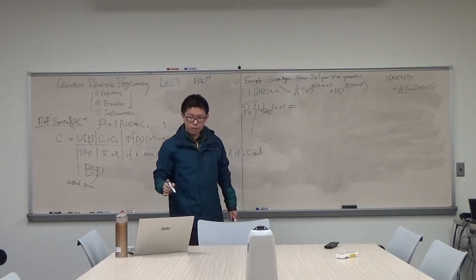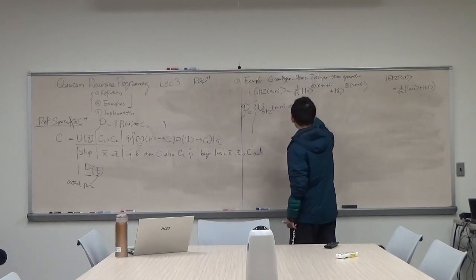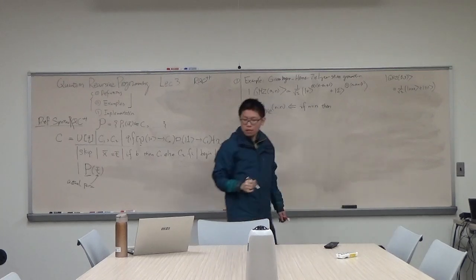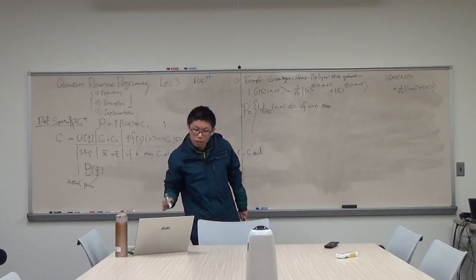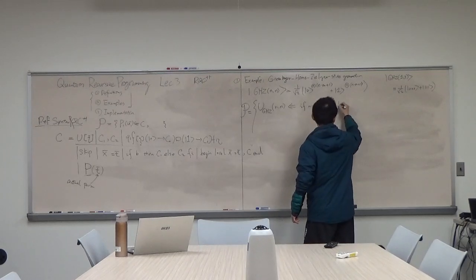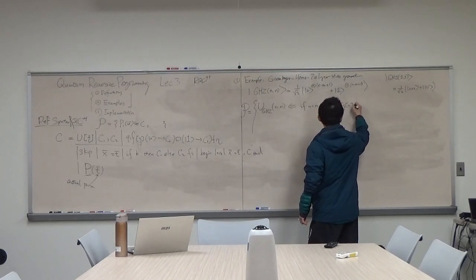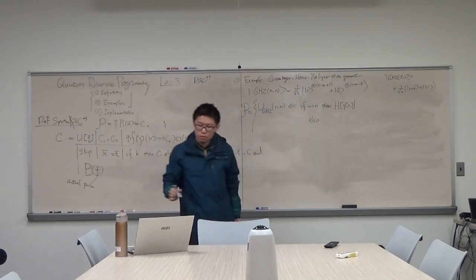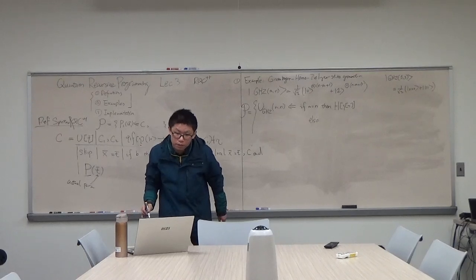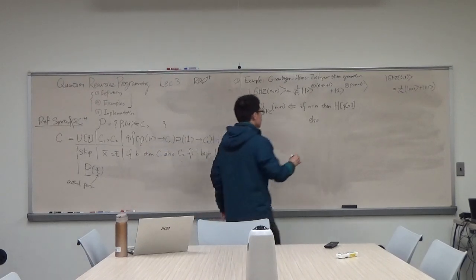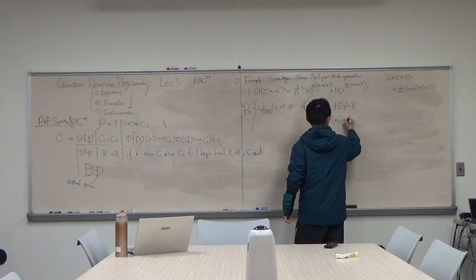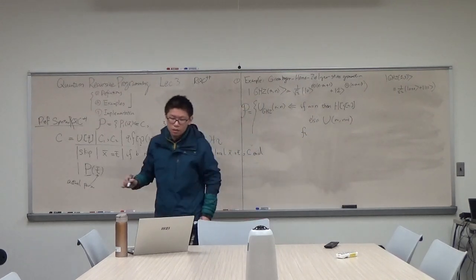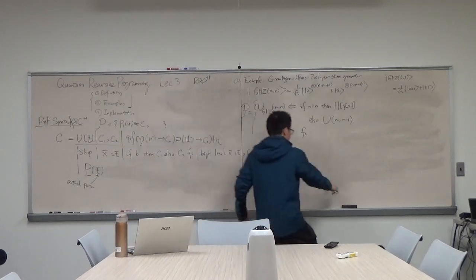You define it to be: if m equals n, then you apply a Hadamard gate on Q. Else, you just call this procedure recursively, U GHZ m, n minus 1. Oh, sorry, then a CNOT on n.